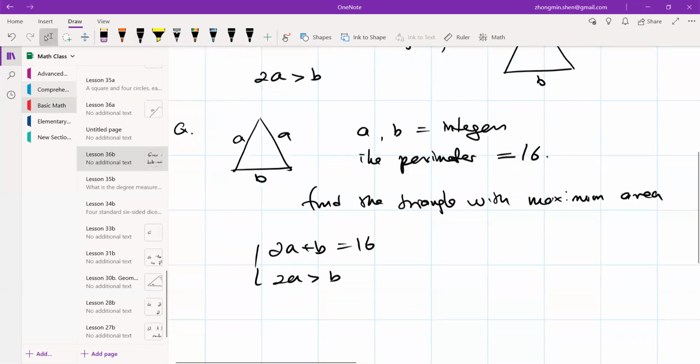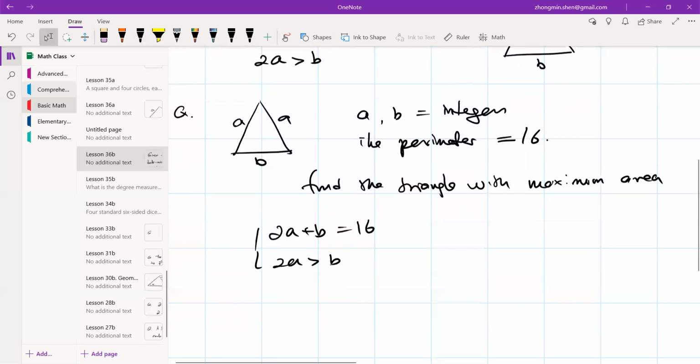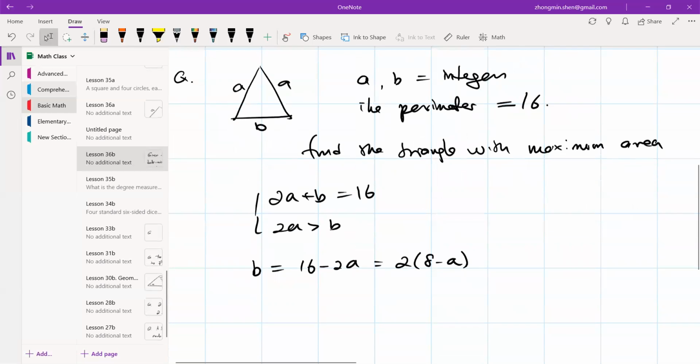What is the possible value for b? First of all, b is 16 minus 2a, which is 2 times 8 minus a. From here you can see that a cannot be too large, otherwise b is negative. So a should be equal to 1, 2, 3, all the way to 7.